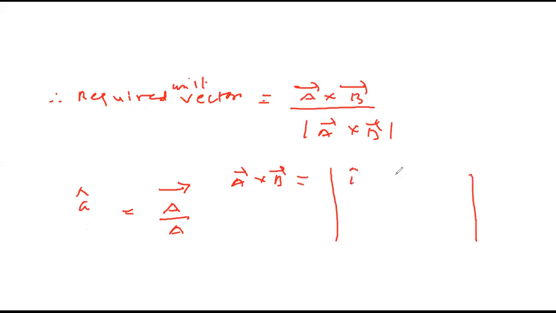It is i cap, j cap, k cap. What is the coefficient of i, j, k for a?